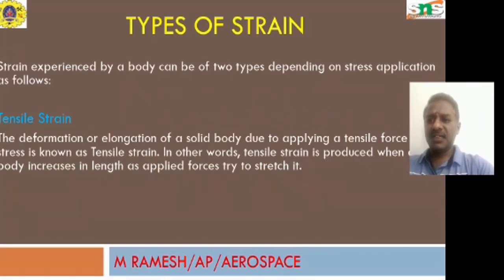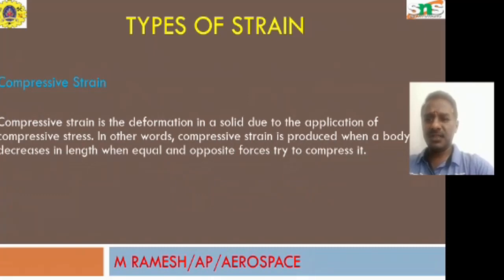But what are the different types of strain is the matter here. One is called a tensile strain, another one is called a compressive strain. Whenever the load is applied on the material, it gets strained. If the load is tensile, then the strain produced is called a tensile strain, and if the load is compressive, the strain produced on the material is called a compressive strain.